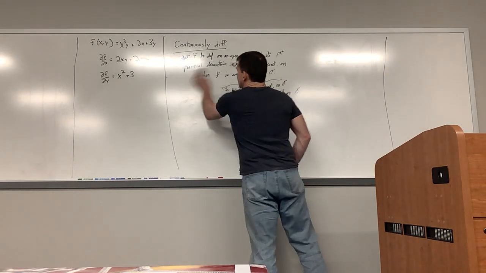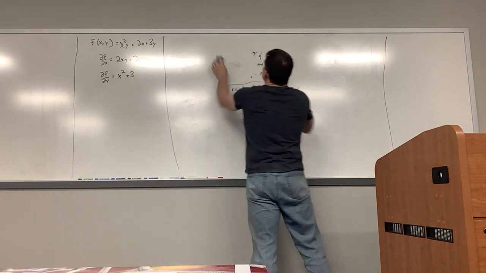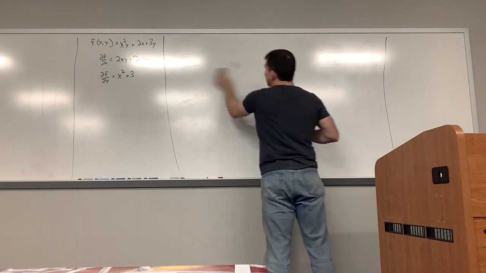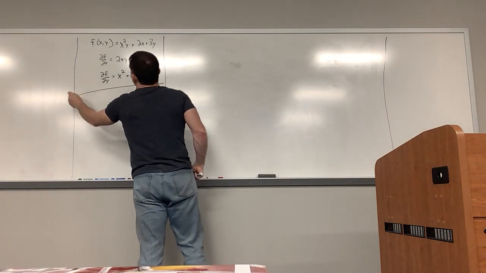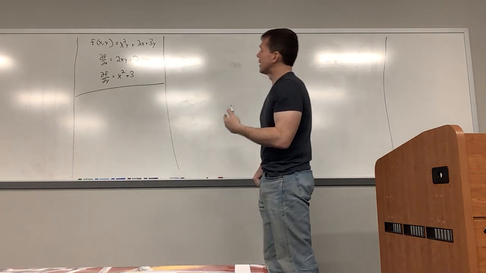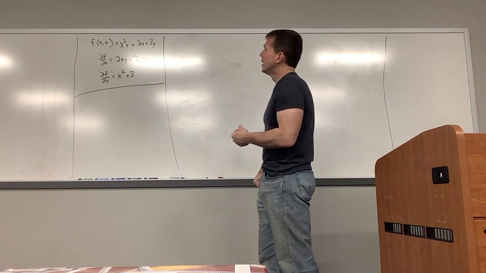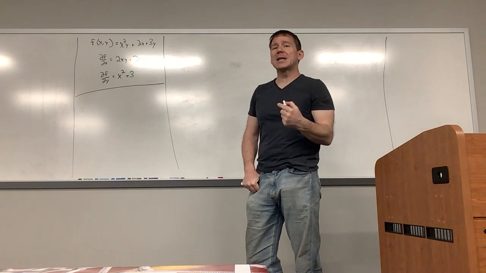But if we look over there, clearly that function is continuously differentiable because I took the partials and they exist and they're continuous, so I'm good. What if I wanted to take second partials?